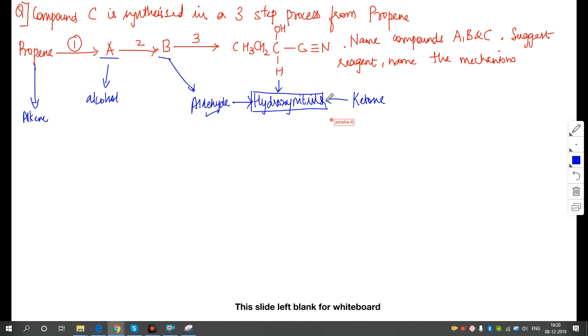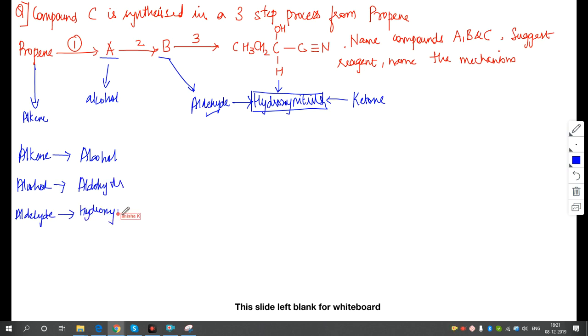Now we have got this, right. A will be an alcohol, B is an aldehyde. According to the table format, there will be conversions, each number representing alkene to alcohol, then alcohol to aldehyde, aldehyde to hydroxynitrile.